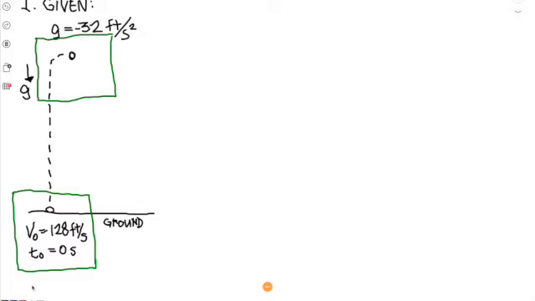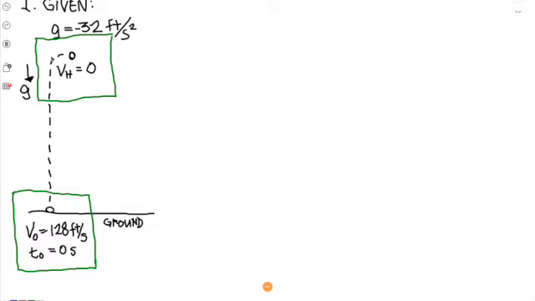This is where we pause it, assuming this is the highest point. This one is unknown, so let's label it v1, or if you want, let's use vh to say it is the velocity at the highest point where it stops, so that would be 0, right?